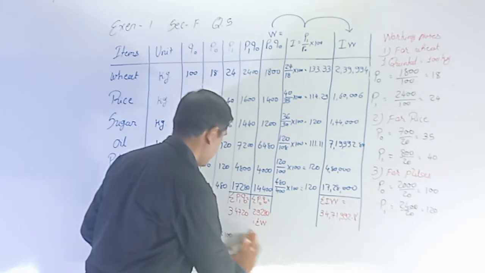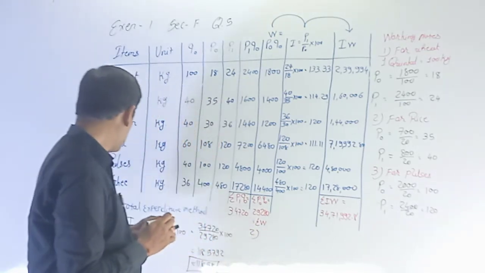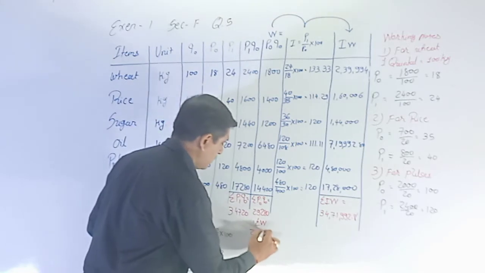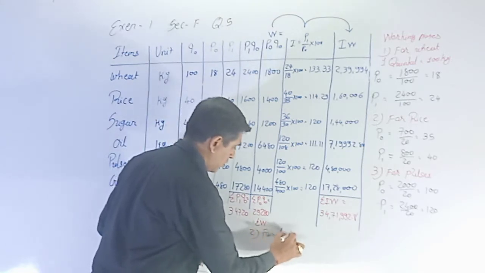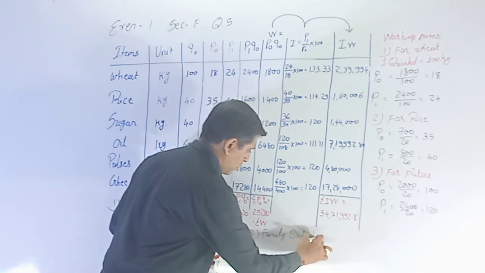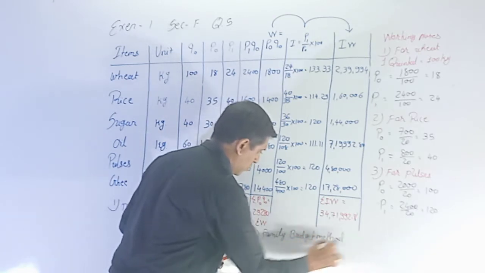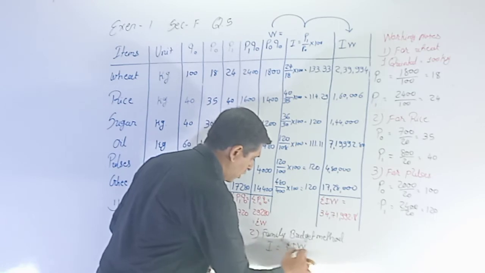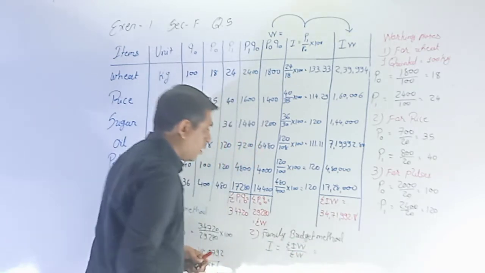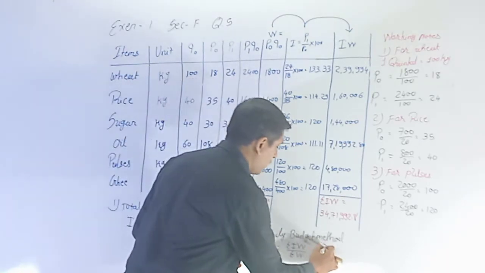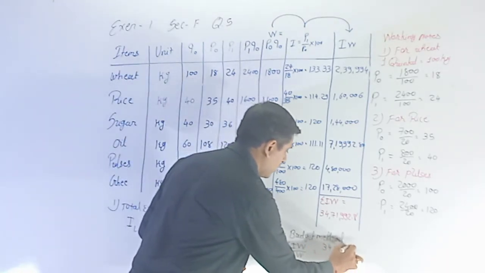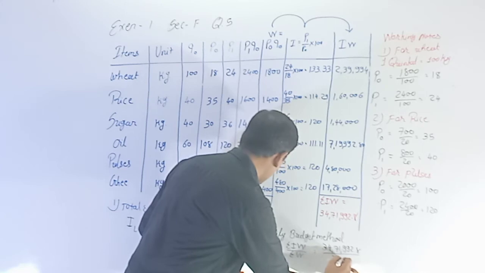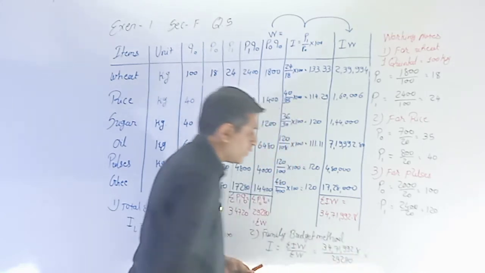And see here, index number second as per family budget method, that is I is equal to sigma IW upon sigma W. Here what is sigma IW? 34,71,992.8 divided by 29,280.